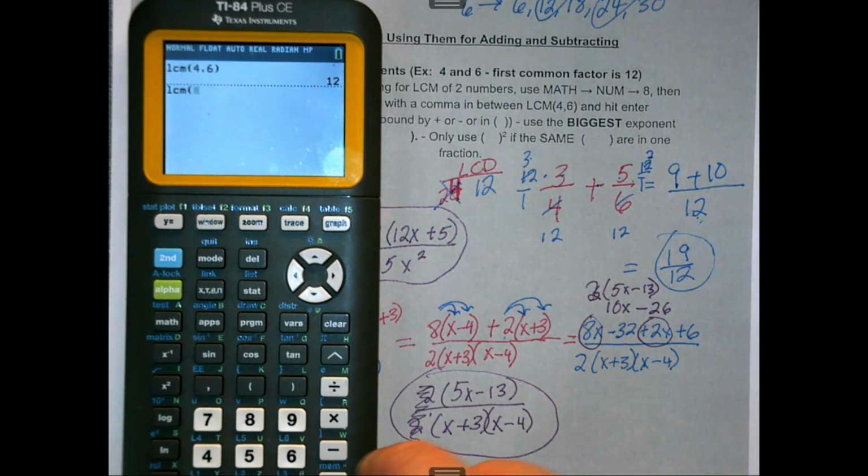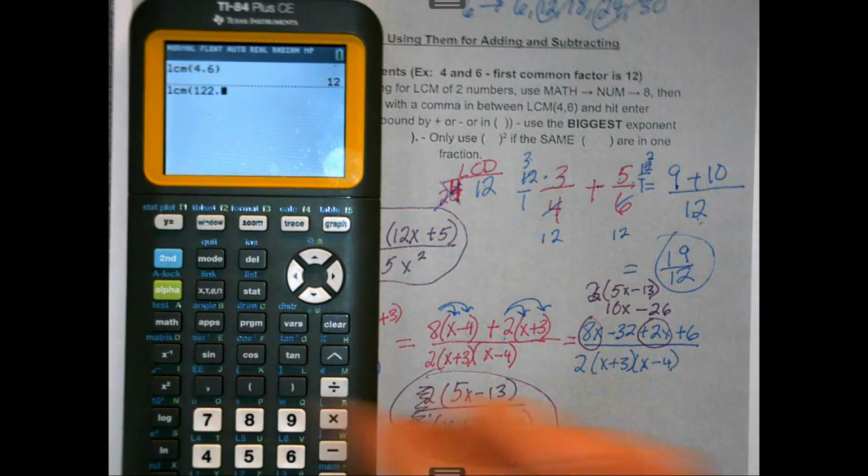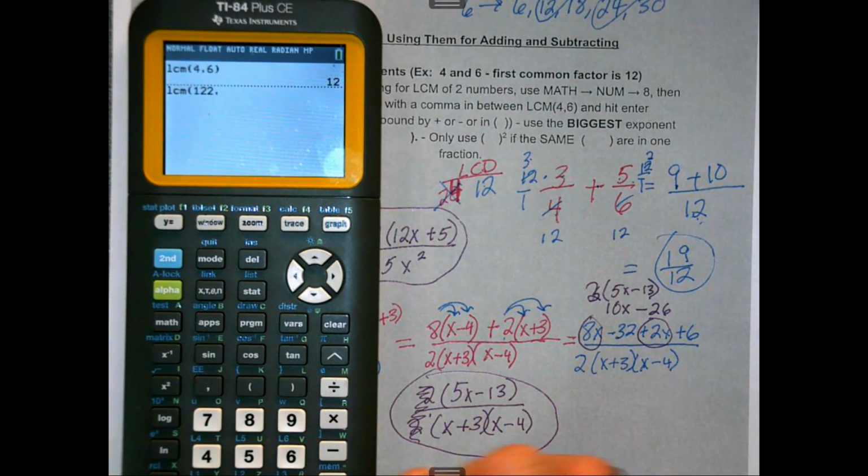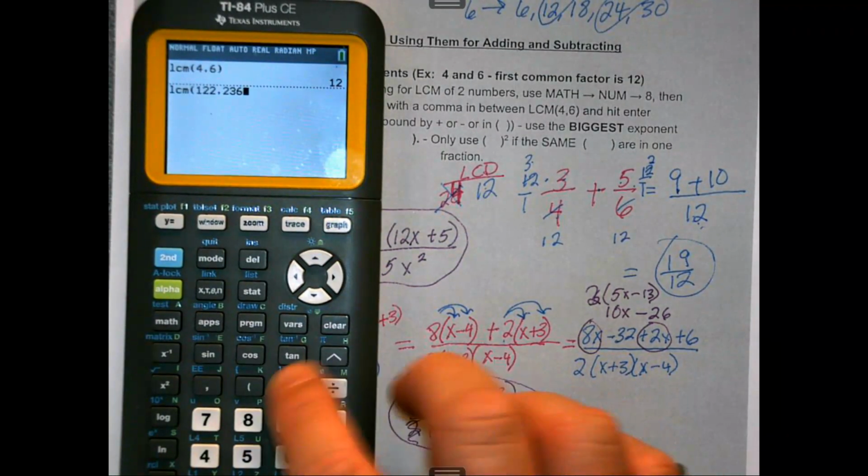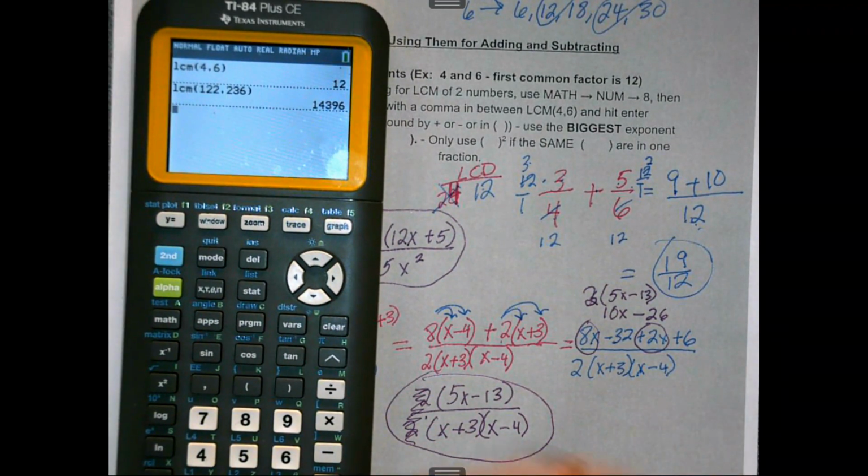Let's say our numbers were 122, comma, and 236. Look at that. It does it for you. So it can come in real handy.